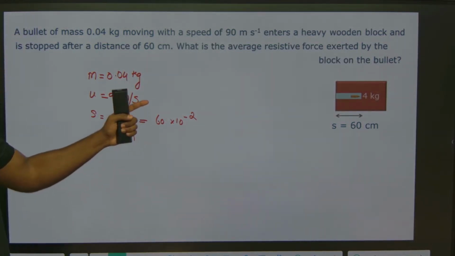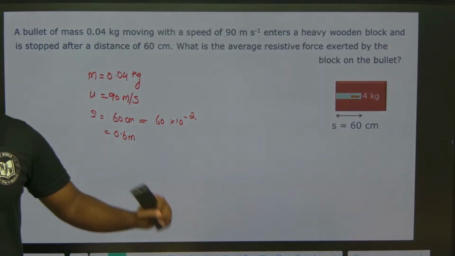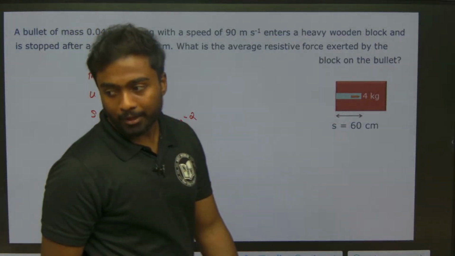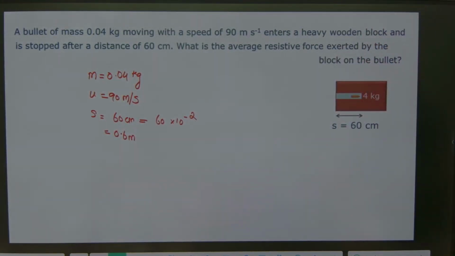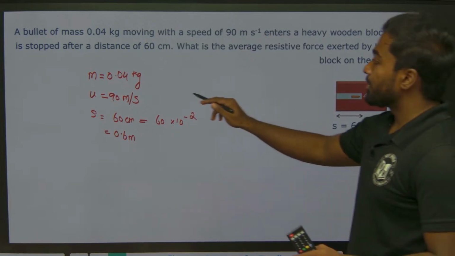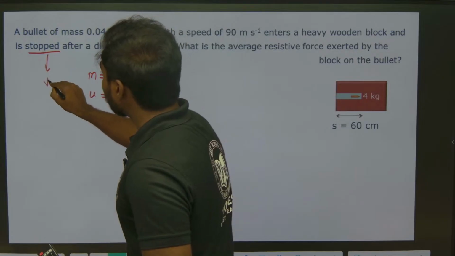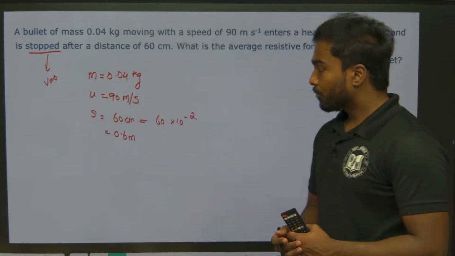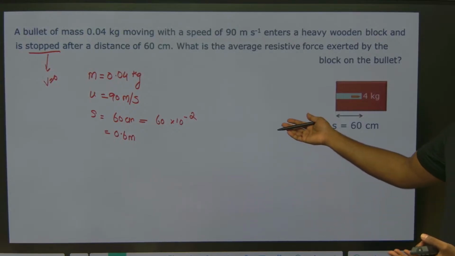What is the average resistive force exerted by the block on the bullet? I need to find this one. So, stopped in the sense initially velocity was 90. At stop, final velocity will be equal to 0. So, find the acceleration and I can find the force here.